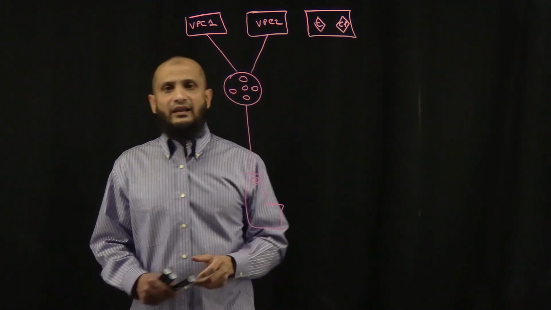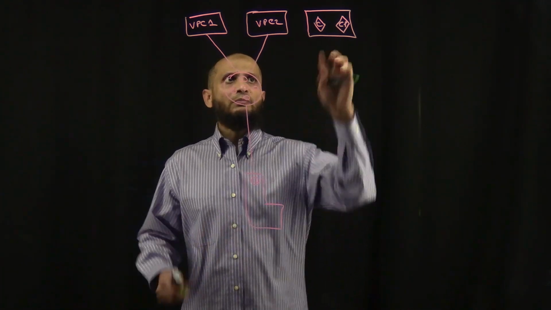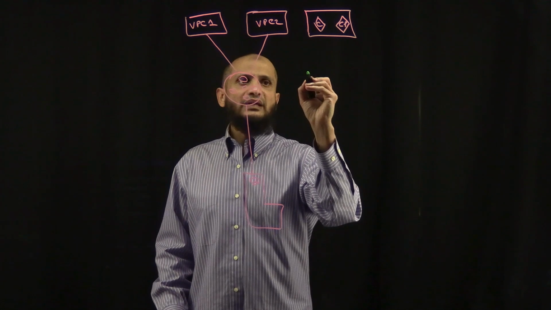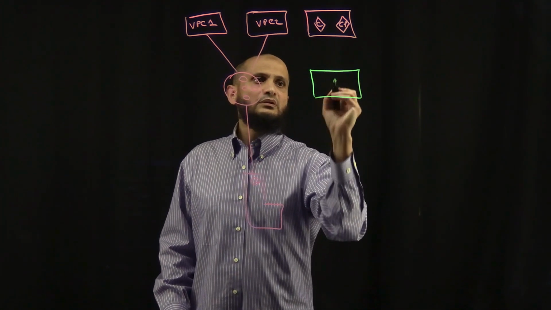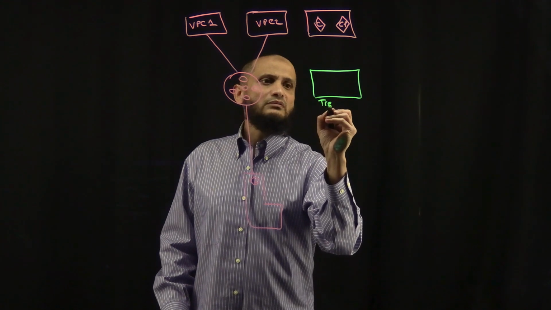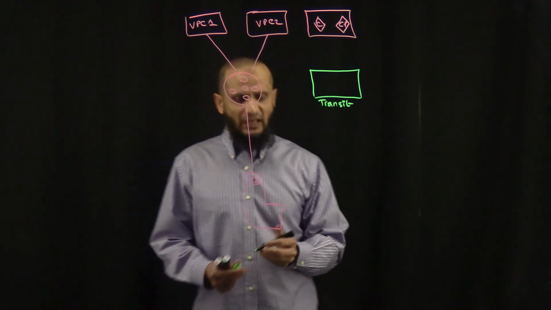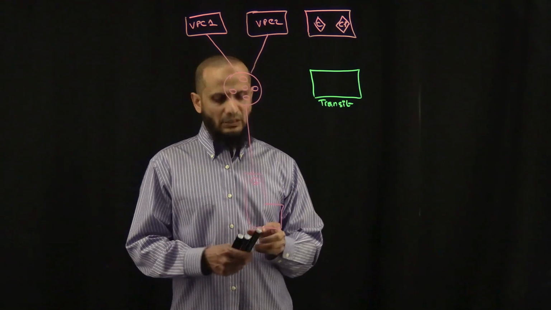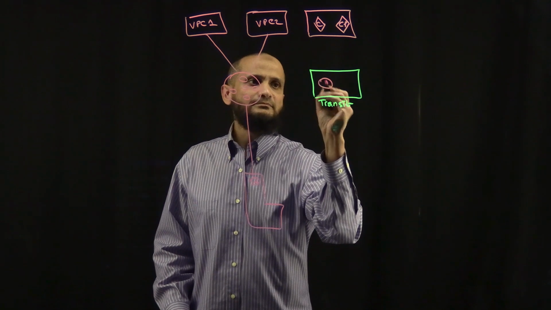Once you deploy that, you need to go back to your controller and create a transit VPC. This is your transit VPC. And then you drop a couple of Aviatrix transit gateways in there.